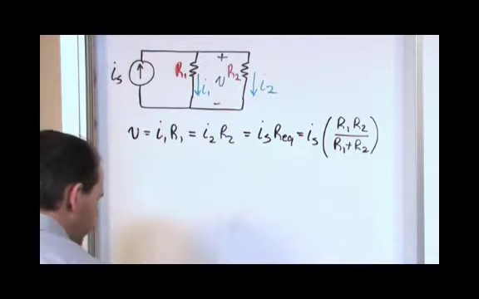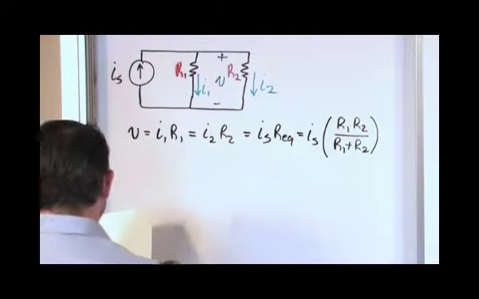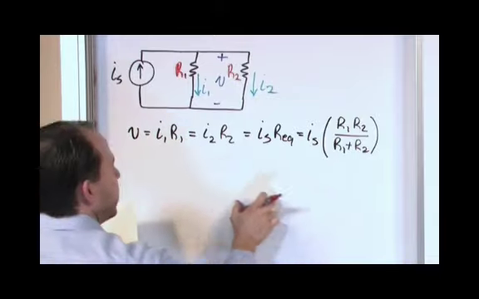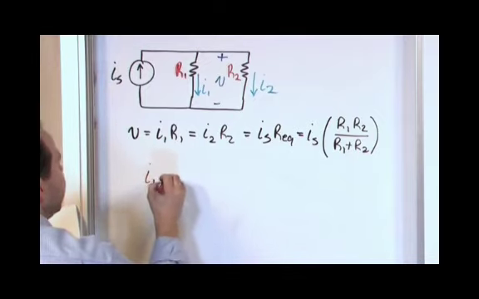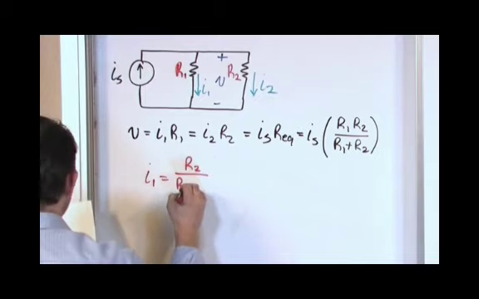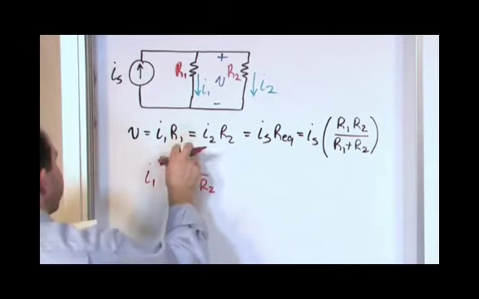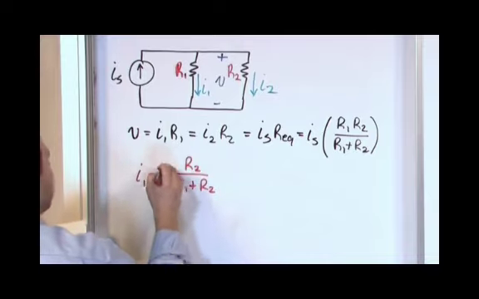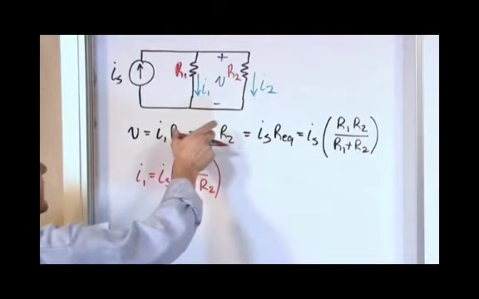If I take this and set it equal to this over here, then I1 is equal to R2 over R1 plus R2. And I missed one little thing: I1 is equal to I sub S times this. Make sure you understand: I'm setting this equal to this.